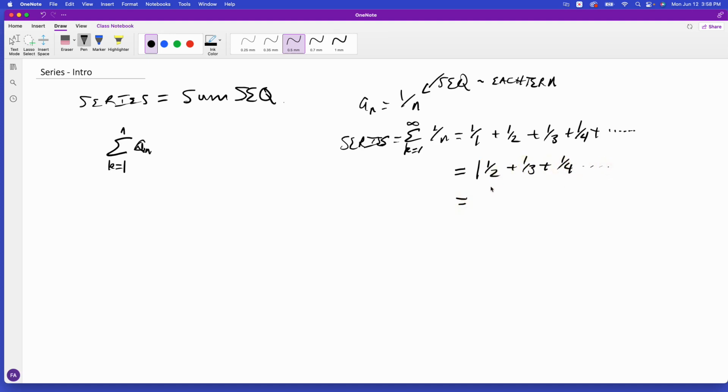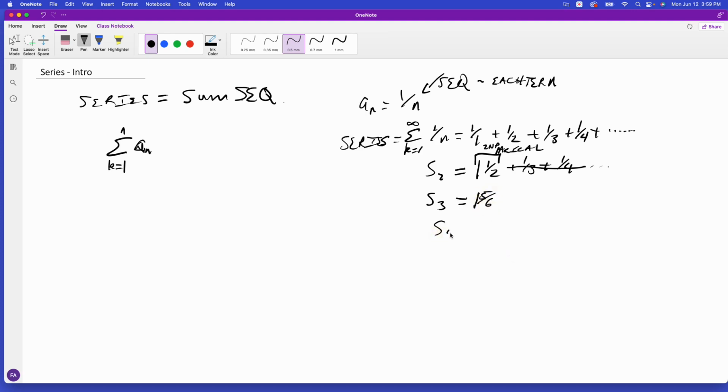This first piece is what we call the second partial sum. If you just ignore everything after the second term, this would be S sub 2. So S sub 3 would be that 1.5 plus the 1/3, which at this point is 1 and 5/6.